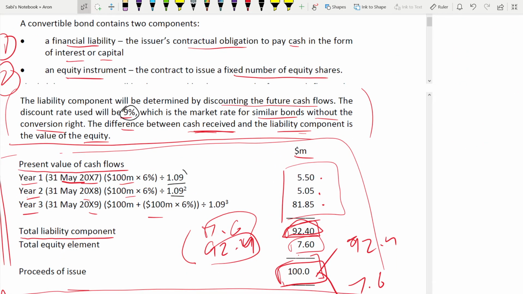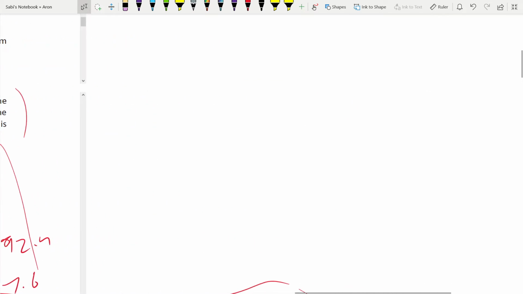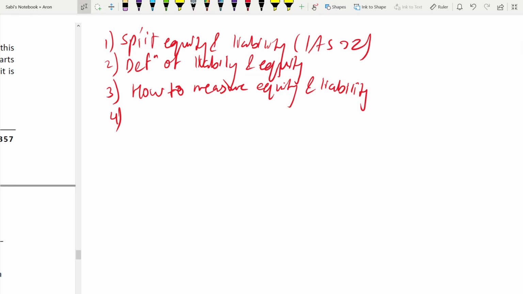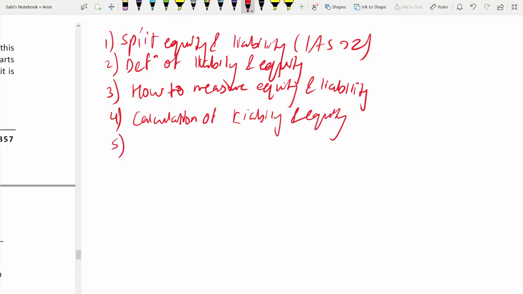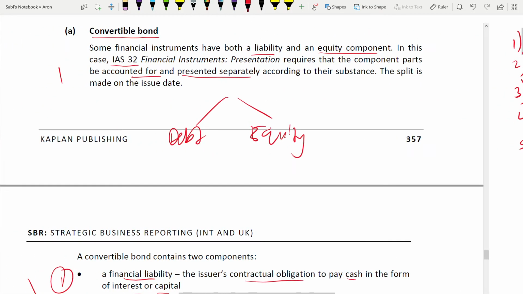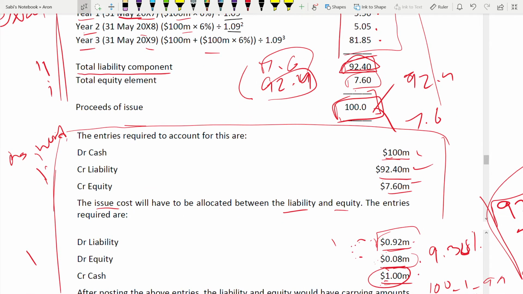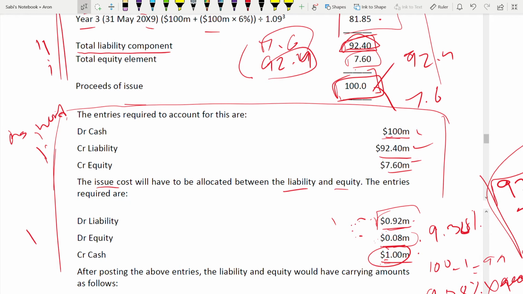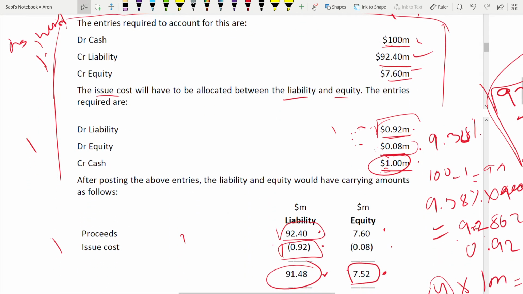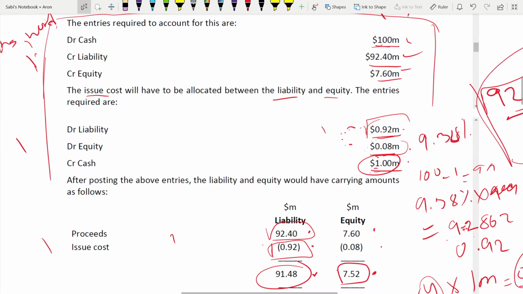Then we went to the calculation. Calculation of liability and equity, 5. Allocation of issue cost.